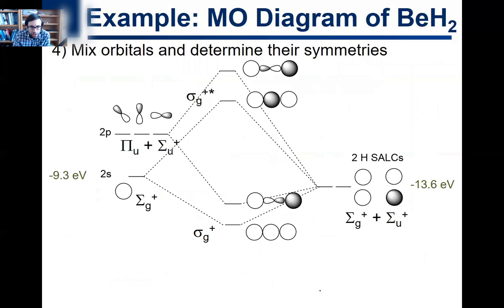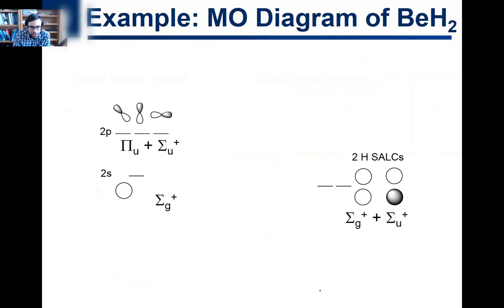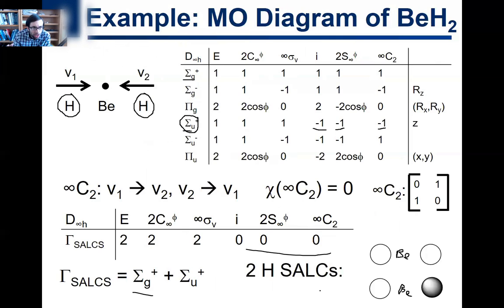One thing I was going to point out, and I'll get to it later on in the course: I will show you that if you apply the formula, so we just reduced this by inspection, right? We just kind of looked, and there's kind of a puzzle to figure out, oh, okay, yeah, sigma g plus and sigma u plus gives me that gamma SALC representation. If you were to try to apply the formula to this, you actually can't.